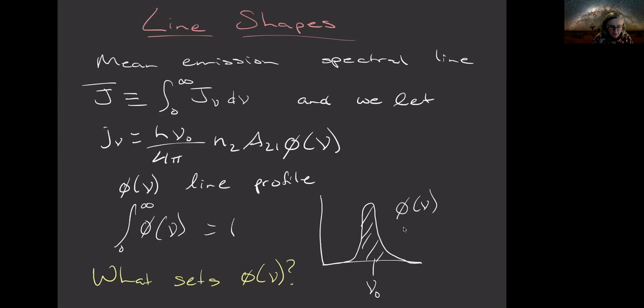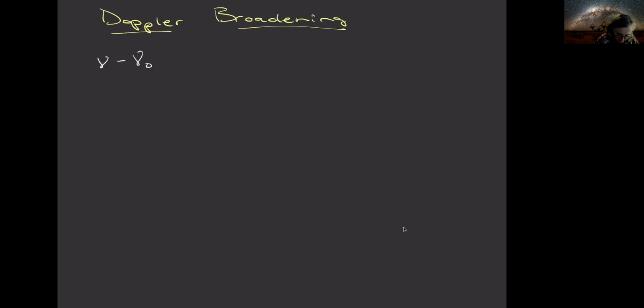So there's a couple of different things. The first one that we'll consider, and the easiest one to think about, is Doppler broadening. For this, you consider that the frequency minus the central frequency is related to the velocity distribution, Vz, over the speed of light.